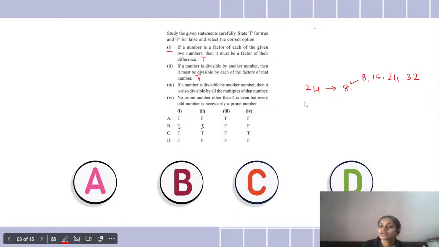Yes, so I have just written first 4 multiples. So 24 is divisible by 8. Okay, is 24 divisible by 16? No, it's not a multiple of 16.